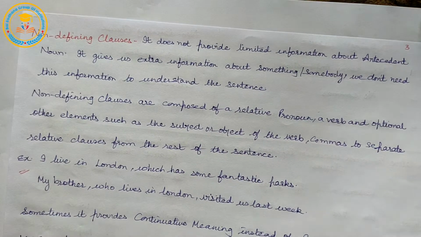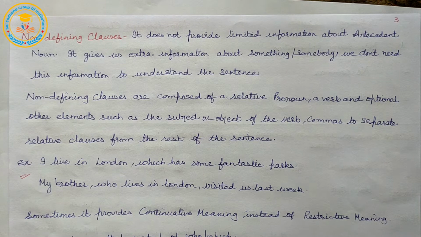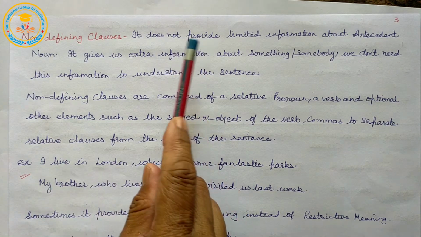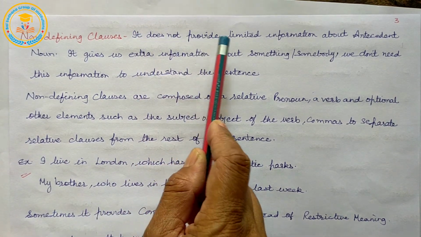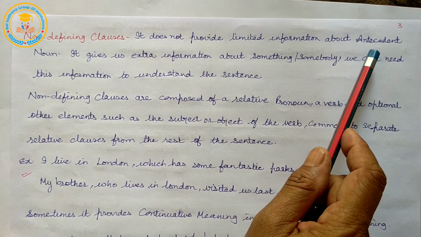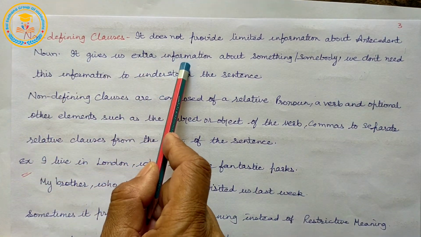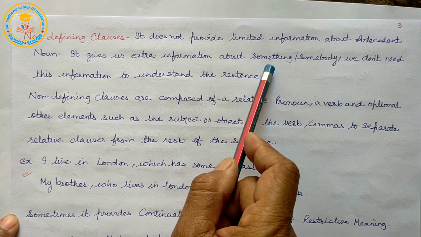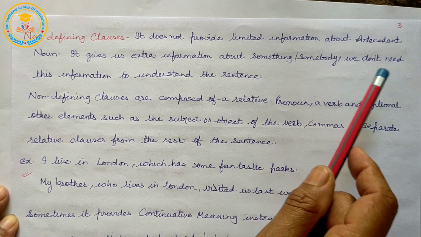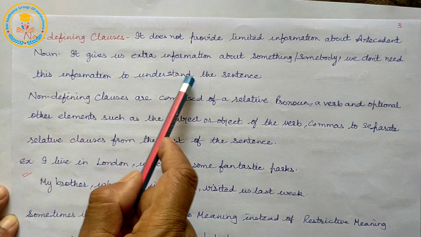Our next is non-defining clauses. It does not provide limited information about antecedent nouns. It gives us extra information about something or somebody. We don't need this information to understand the sentence.